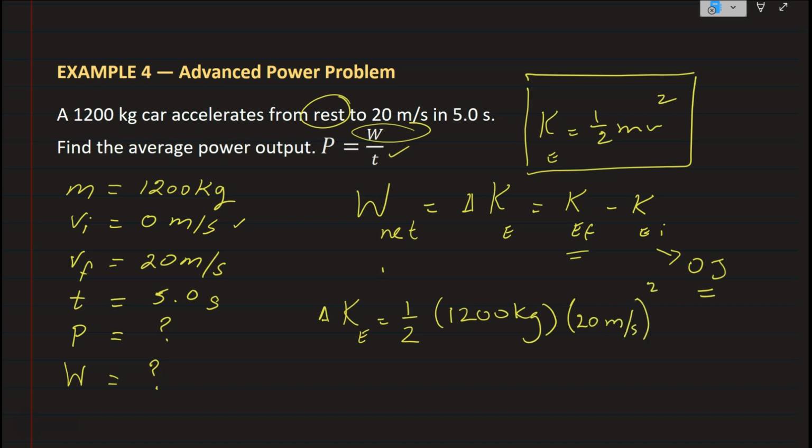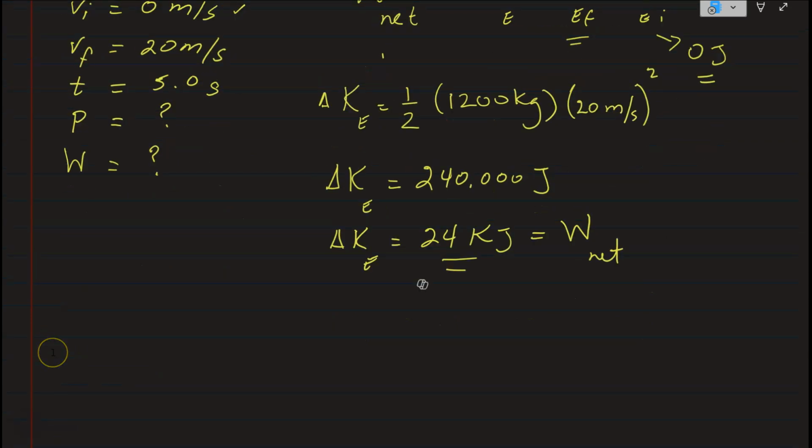Now we do the math, and you get 240,000 joules for the changing kinetic energy, or we can say 240 kilojoules, and that is your net work. Let's use the 240,000 joules and plug into the power formula.